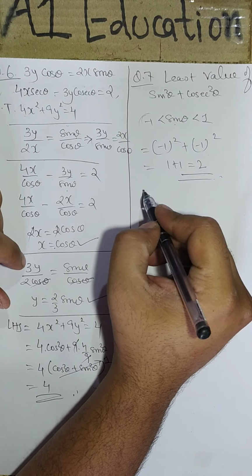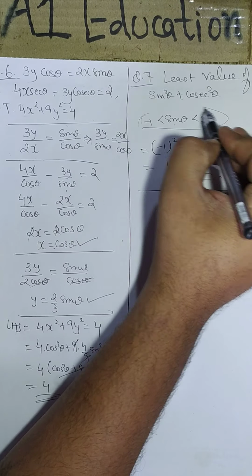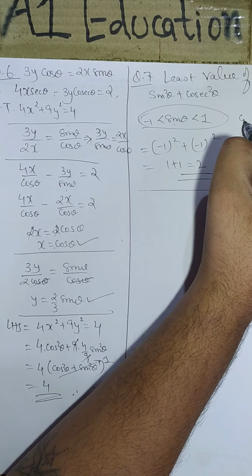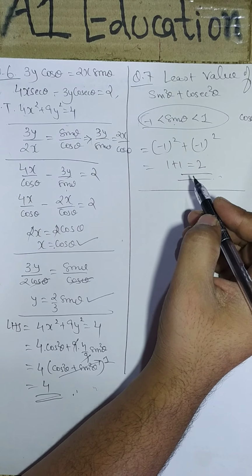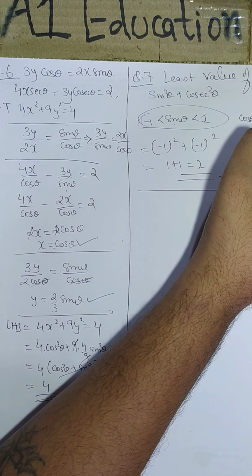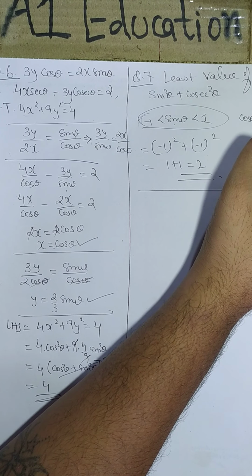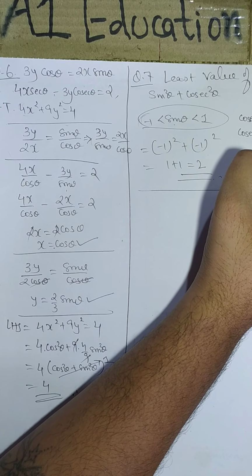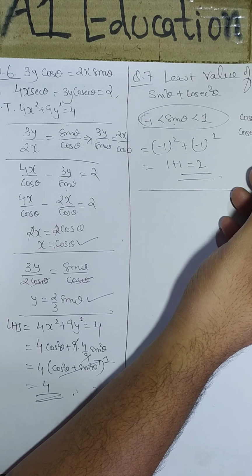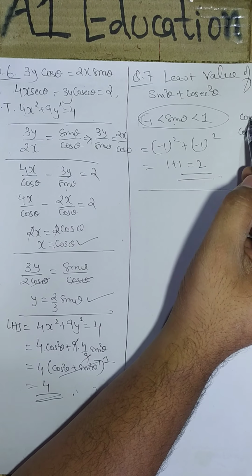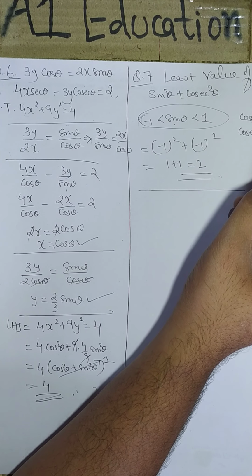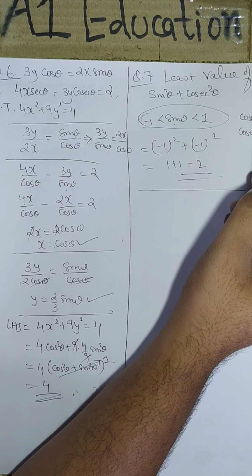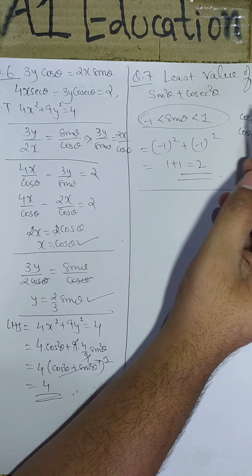The same question, if we try to do the other way, we know that sin theta is greater than -1 and less than 1. And similarly for cosec theta, we know that its value is less than -1. Less than -1 means -2, -3, -4, any numbers. And its value can also be greater than 1, 2, 3, 4. However, we are concerned with least value. So least value of cosec theta, -1, -2, -3, -4, which one? -2 is obviously less than -1, -3 is less than -1.